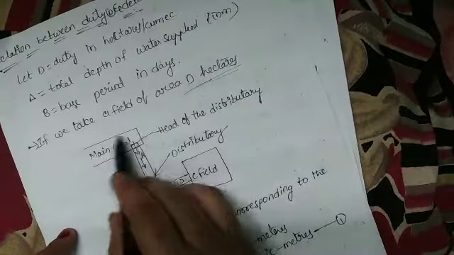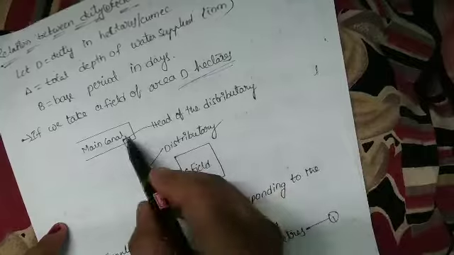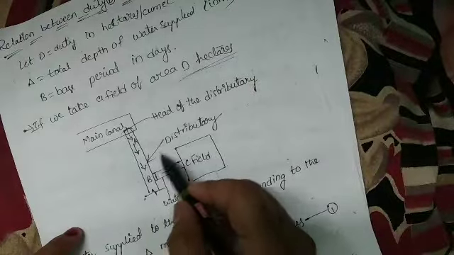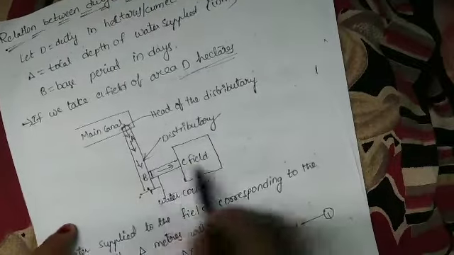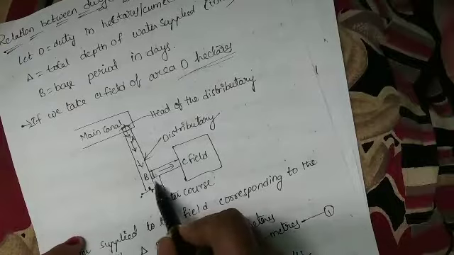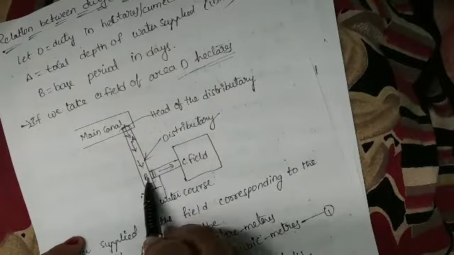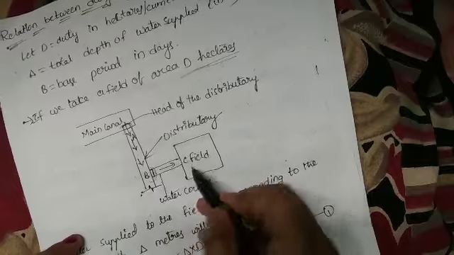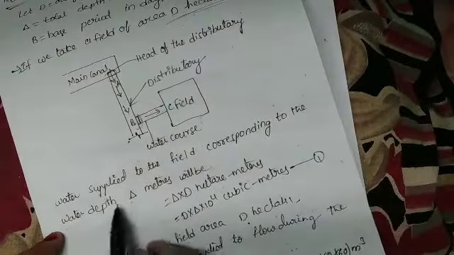The main canal is like this. This is the headwork of the distributary canal, and this is the head of another distributary. This is called the field water course. Here water goes to the field only. The water supplied to the field corresponds to the depth delta.